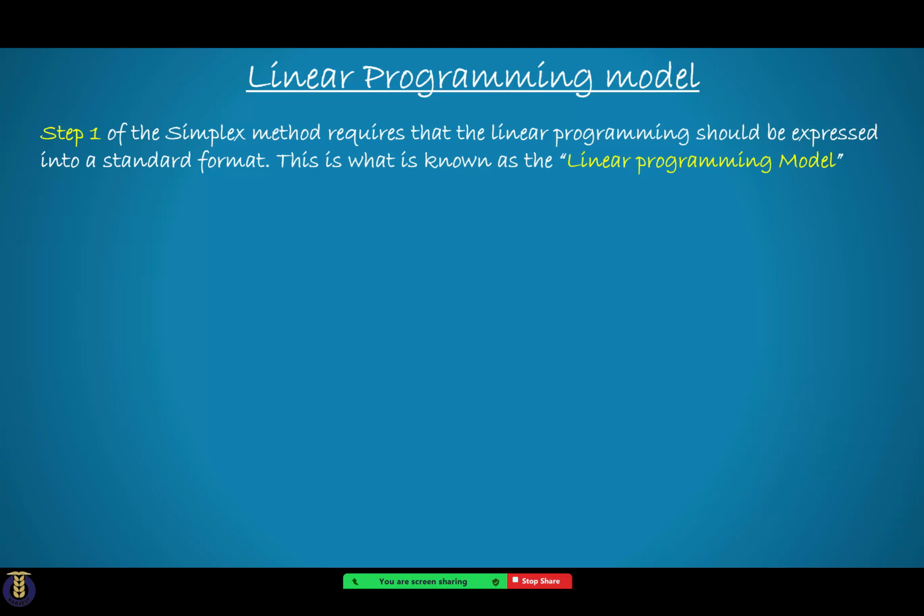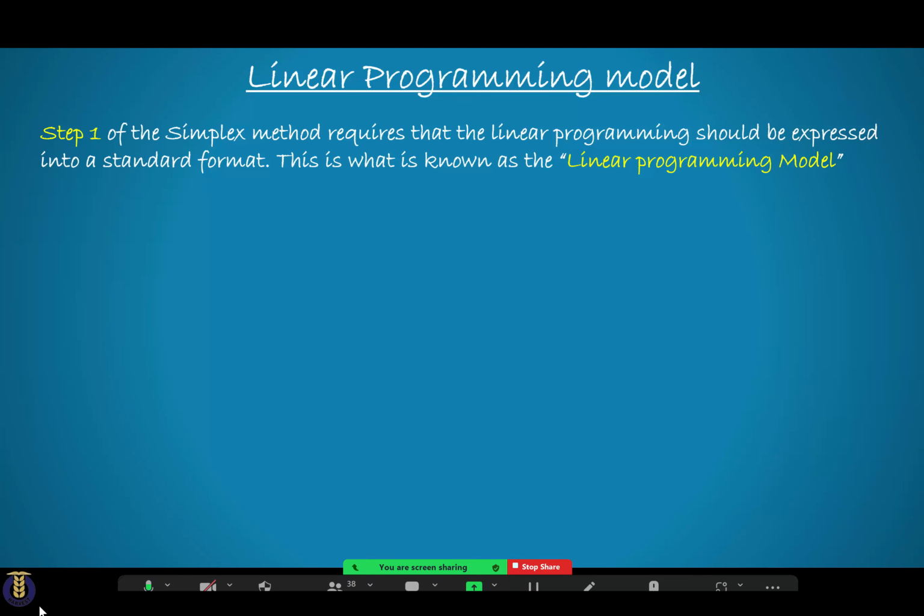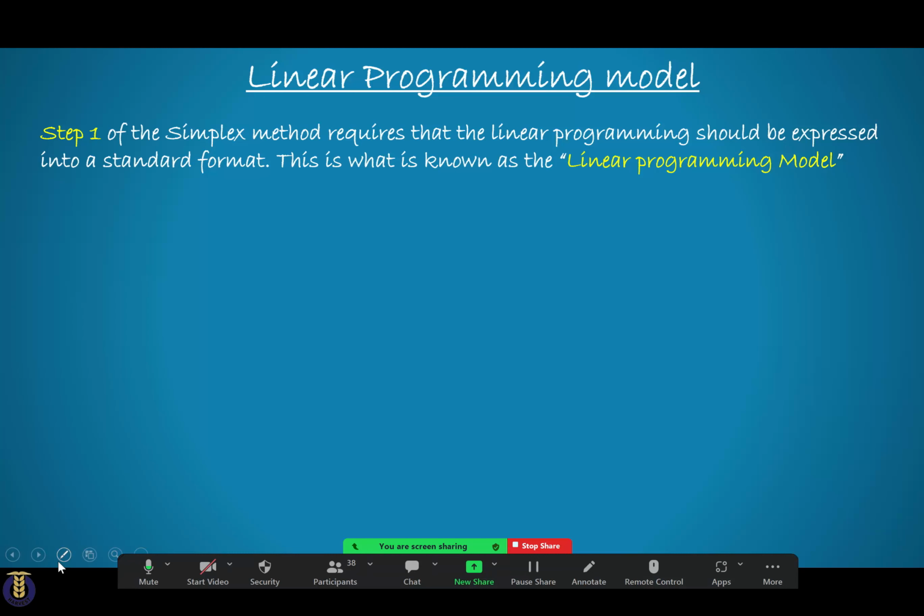Step 1 of the simplex method requires that the linear programming problem be expressed in the standard format. That was our step number 1. This is what is known as the linear programming model. It is not different from the one we saw when doing the graphical method.